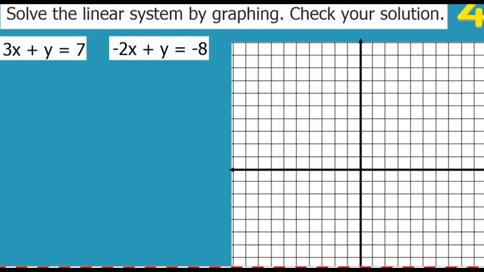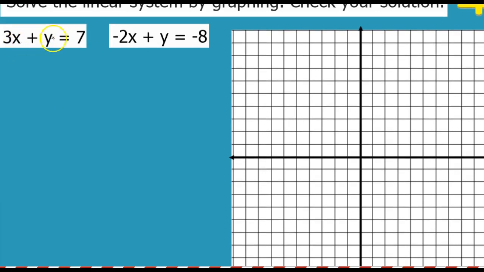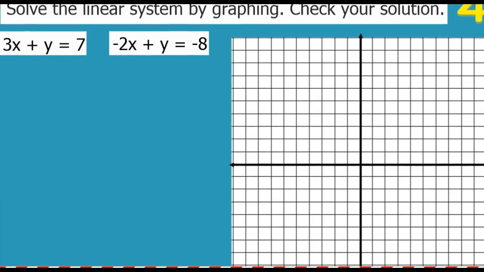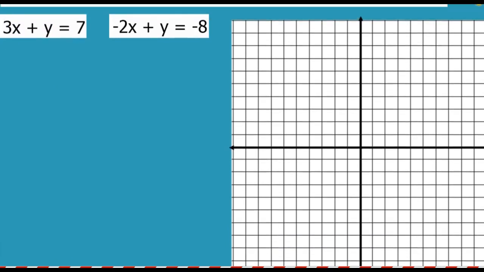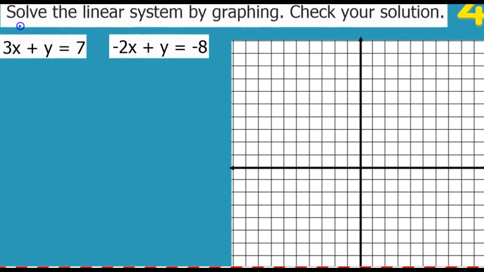Now, if we're going to graph this, we have 3x plus y equals 7. Whenever we're graphing, we want it in slope-intercept form, which is y equals mx plus b. So I'm subtracting the 3x to bring that over here. Now we get y equals negative 3x plus 7.